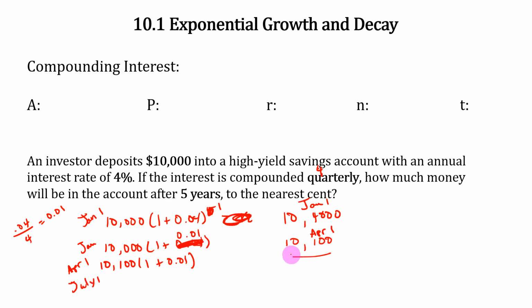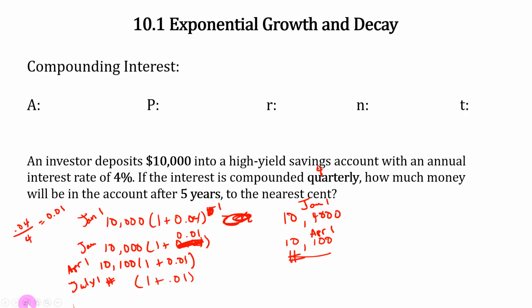We'd get whatever this number is, 1 plus 0.01. And we do this 4 times, so we do it 2 more times. You get a quarter of your interest every 3 months, 4 times throughout the year. So you're getting interest on top of interest.